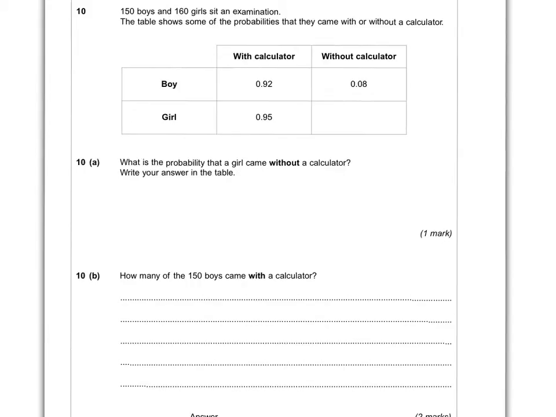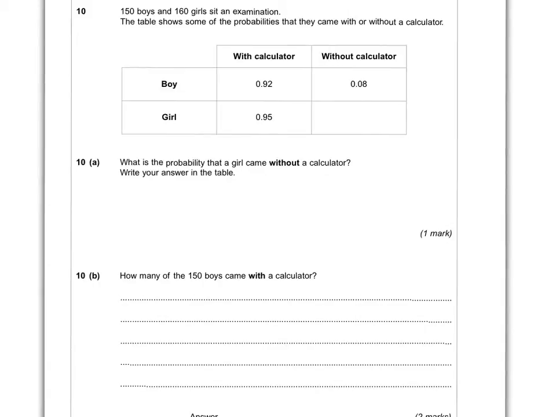This question is telling you some probabilities of boys and girls turning up to exams with or without calculators. I can look across each row because it's really asking me to understand a two-way table as well. I know, for instance, that the probability of a boy having a calculator is 0.92, so clearly the probability of a boy not having a calculator is 0.08. Those two must add up to 1, because either they have a calculator or they don't.